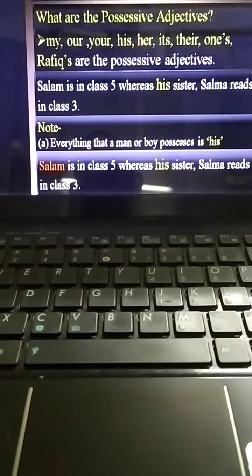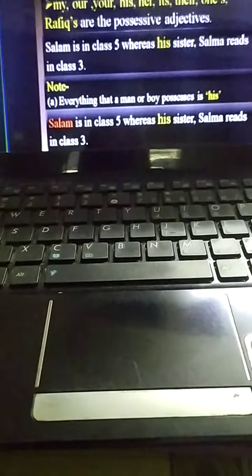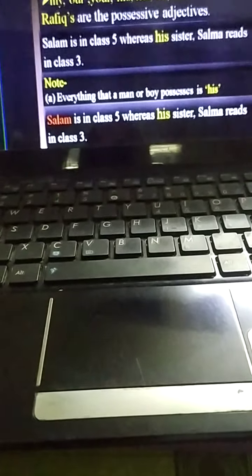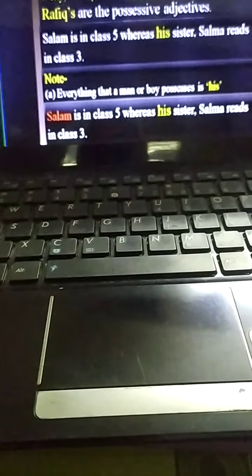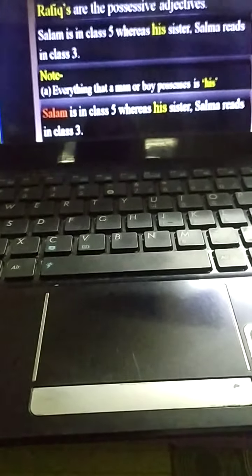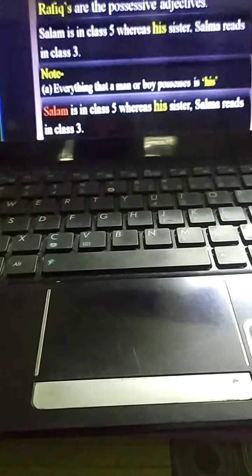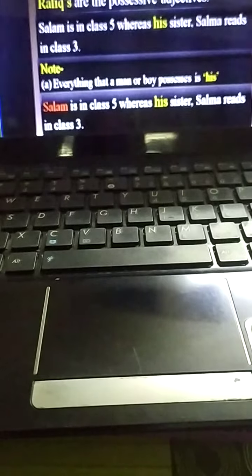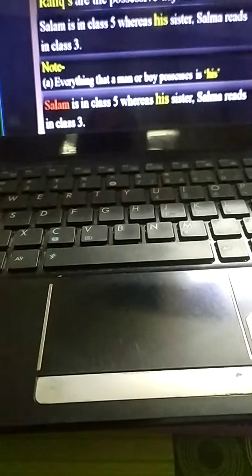Look at the example. Salam is in class 5, whereas his sister Salma reads in class 3. Salam is a boy, a male, therefore the adjective is his sister, not her sister. It is his sister because Salam is a male person, and for male we have to use the possessive his.